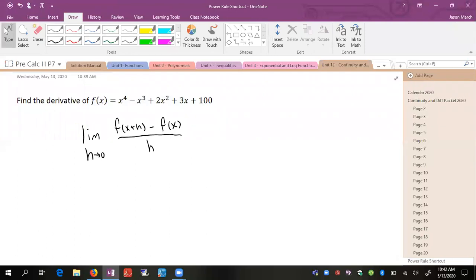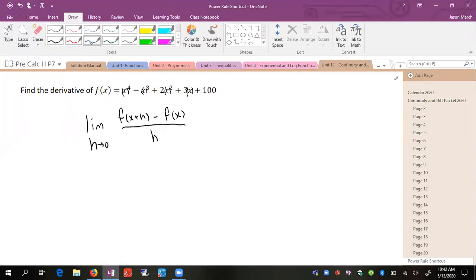Then f of x plus h is replacing all of these with x plus h's, right? So I'm going to have x plus h to the fourth minus x plus h to the third plus 2 times x plus h to the second and 3 times x plus h plus 100. I'll try my best to color coordinate this.